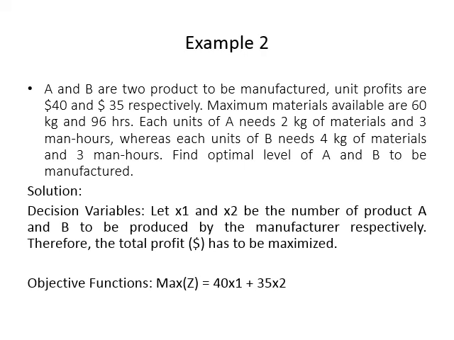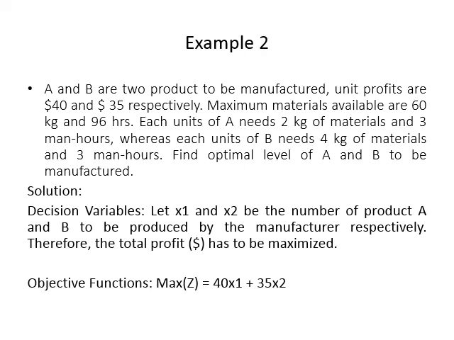Each unit of A needs 2 kg of materials and 3 man hours, whereas each unit of B needs 4 kg of materials and 3 man hours. Find the optimal level of A and B to be manufactured. So this linear programming problem has two decision variables.